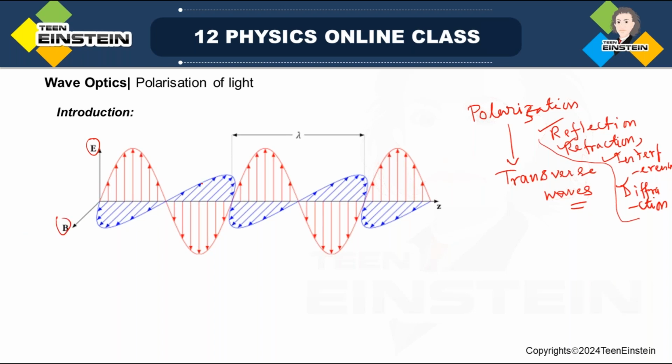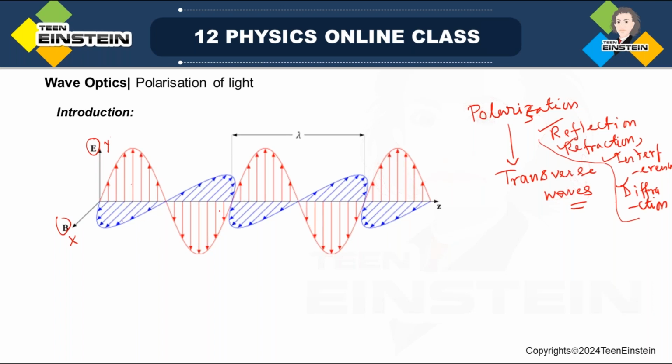As we discussed in the electromagnetic wave chapter, the electric field vector and the magnetic field vector oscillate perpendicular to each other.